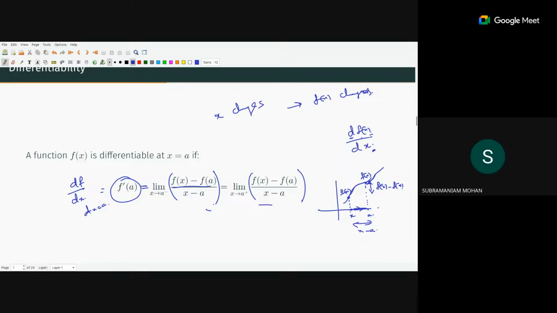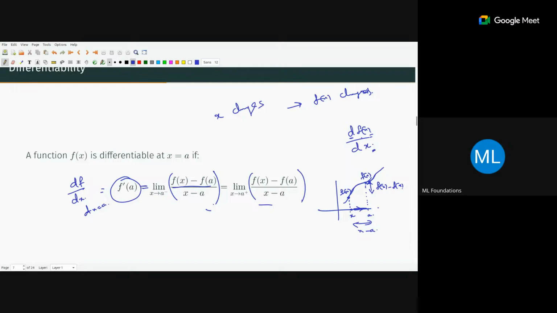Sir, you started with continuity, then you're moving to differentiability. In what way are these two connected? See, if we are interested in the rate of change from the left hand side and the right hand side, first of all, the function at that particular point should be continuous at least.